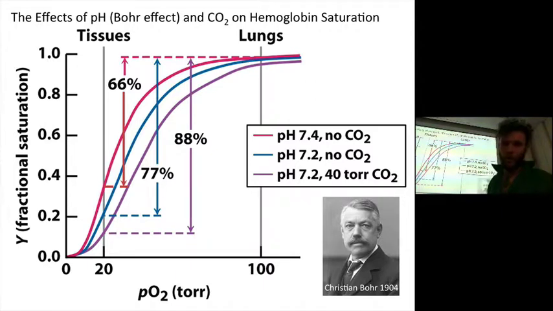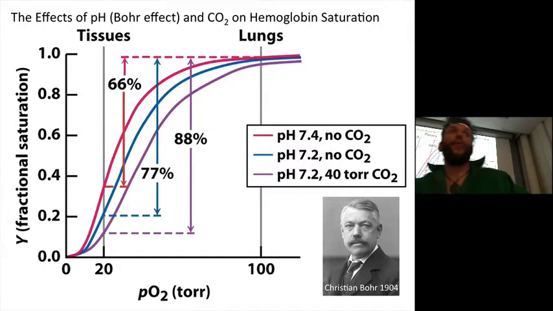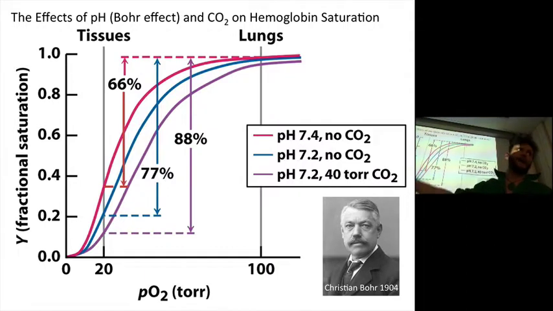So with increasing carbon dioxide, you're going to increase oxygen offloading. This makes sense as well. As the hemoglobin gets towards the peripheral tissues, where you have a higher concentration of carbon dioxide, the hemoglobin is going to want to unload oxygen more, and as you dial carbon dioxide back, that effect is going to be less.